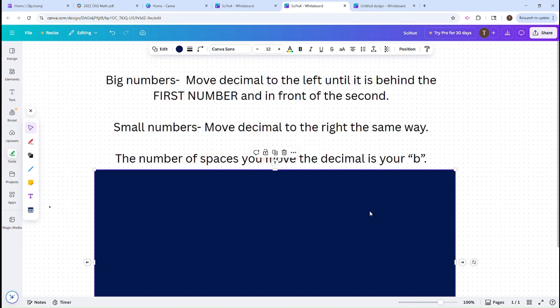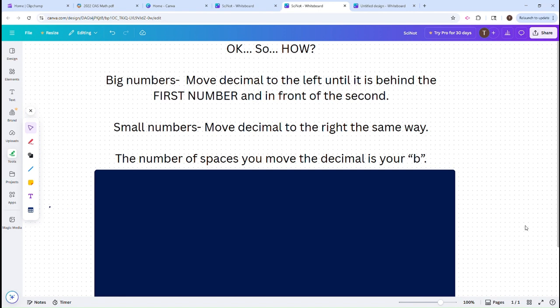Now, the kicker is this. The number of spaces you move that decimal is the number B. I'm going to give that a second to sink in here. The number of spaces you move that decimal will be the number you put in for B. And I didn't put it on here, but you'll see when I do the examples, the number A will be that first non-zero digit and the number right behind it with a decimal in between.